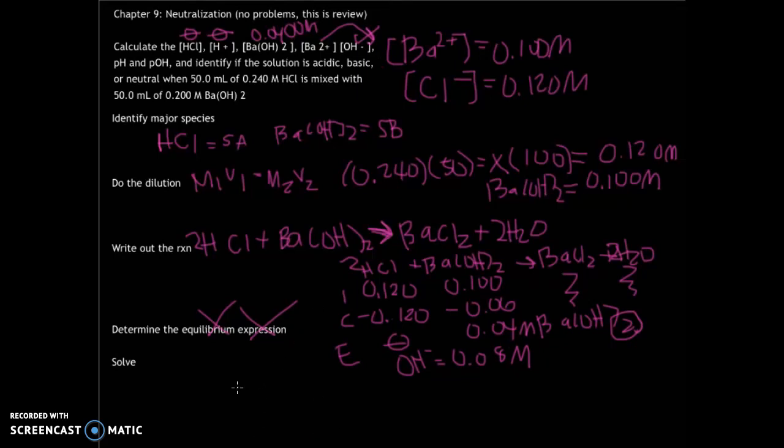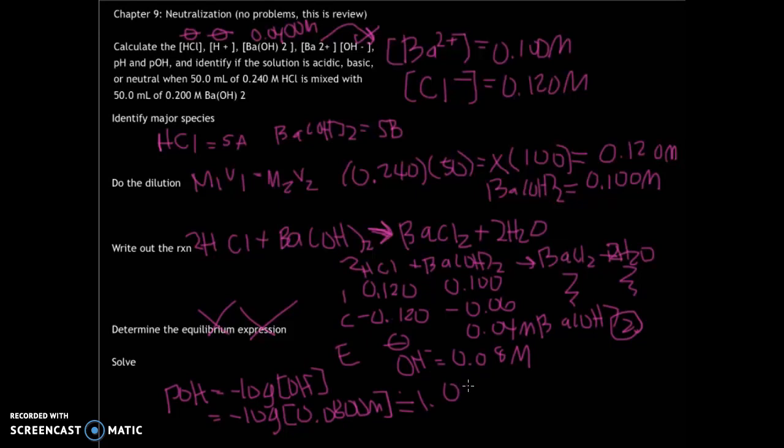Now I'm going to instantly find POH. Remember, POH is opposite the log of OH. So equals opposite the log of 0.0800 molar. I haven't done that yet, so let me put that in my calculator. I got the POH to be 1.097.